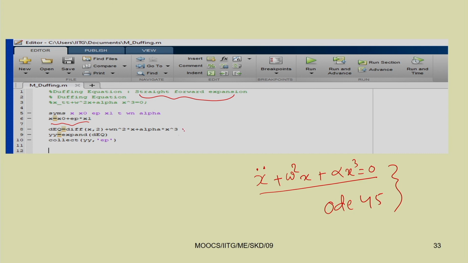In this form you can expand this differential equation, as you have alpha x cube, x you are substituting by x 0 plus epsilon x 1. So, you can expand that, then you collect the terms with order of epsilon. So, you can use this command collect.